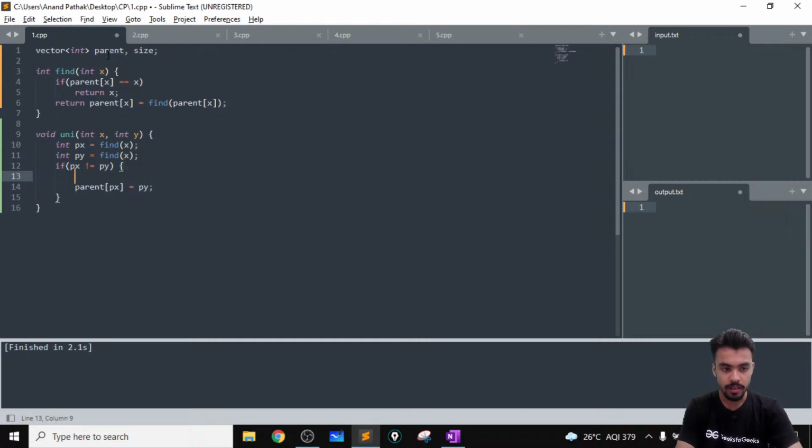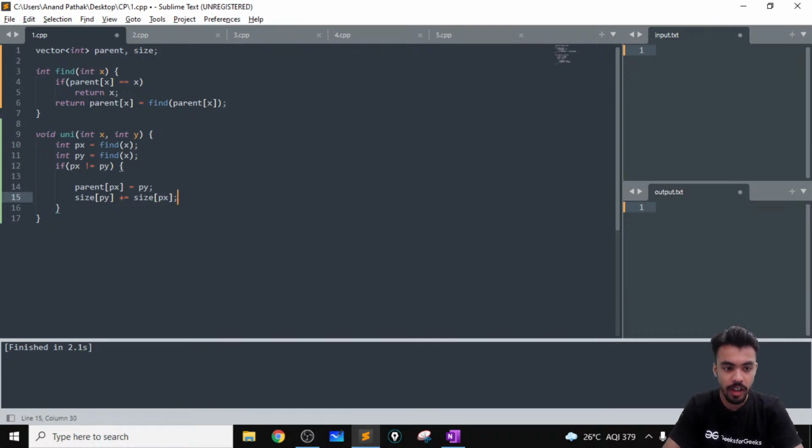what we will be doing is, if we are making say parent of px as py, then the size of py is going to get increased by size of px, that we have already discussed.